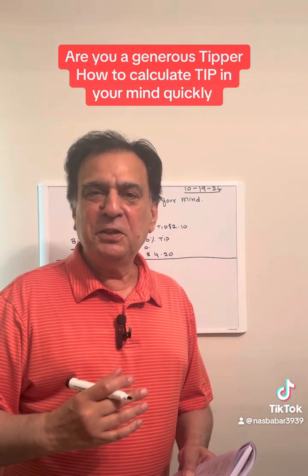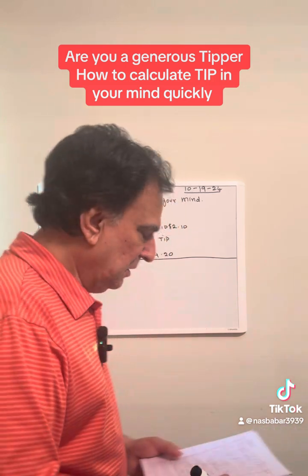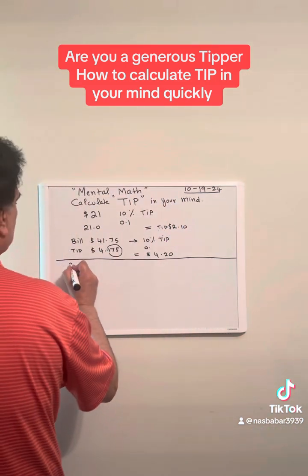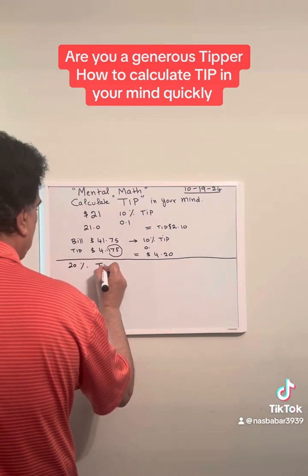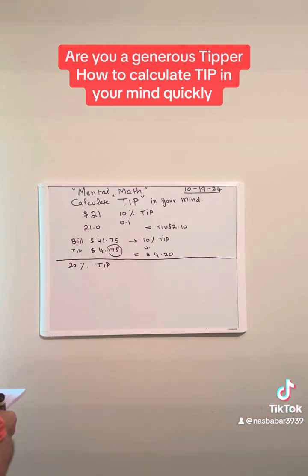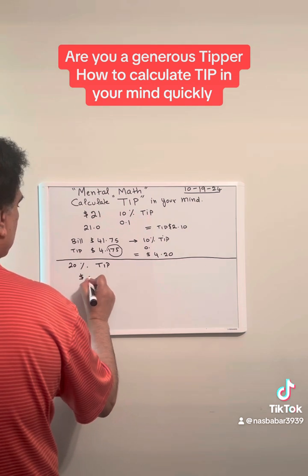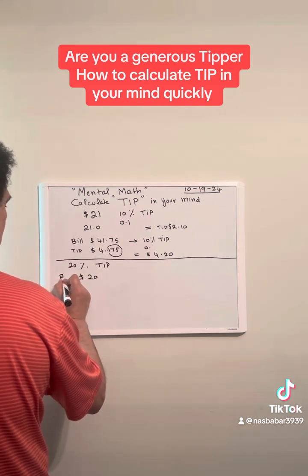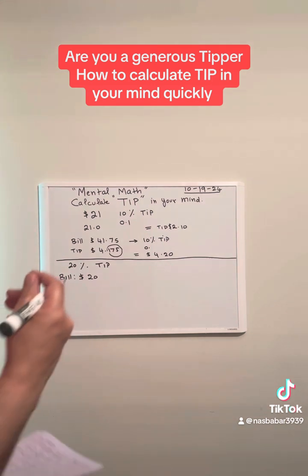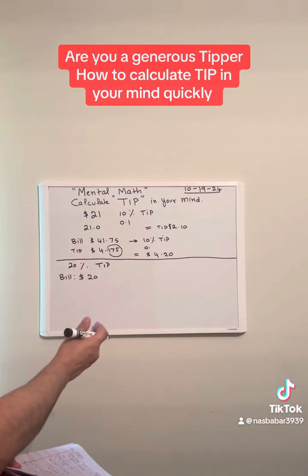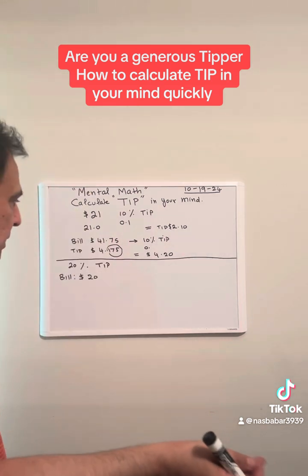Okay. All right. Now let's say you feel like you've been served really well and the waiter or the waitresses did their job to your satisfaction and you want to tip them 20%. So how would you do that? 20% tip. Let's say your bill is $20. So the way I would do it, I would take the 10% of this 20 because it's easier to do that in your head and then just multiply it by 2.